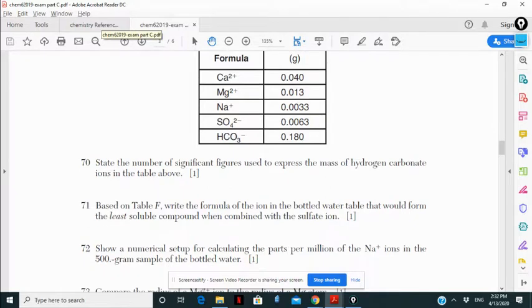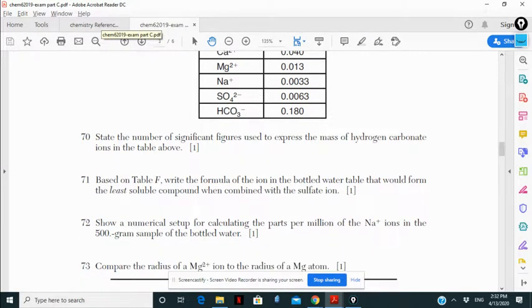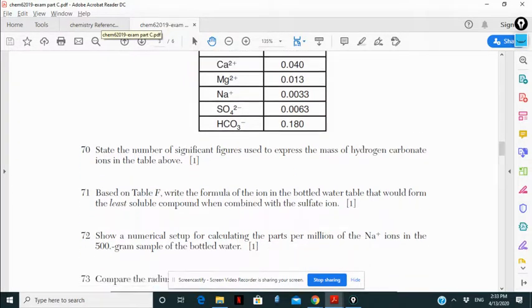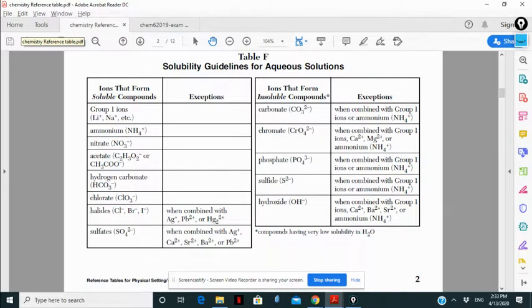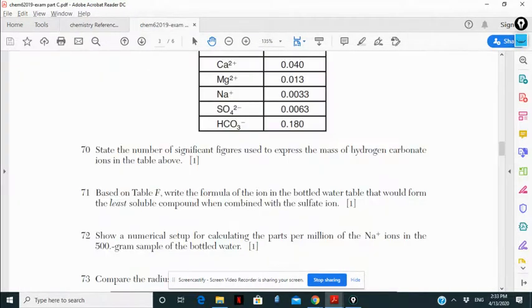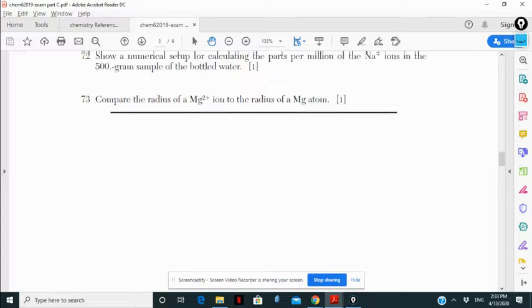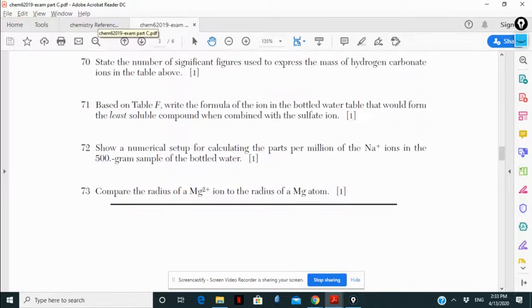Okay. So a numerical setup for calculating parts per million of sodium ions in a 50 gram sample of bottled water. So he wants the formula for parts per million. First, I have to know what's dissolved in the 50 gram sample of water. Okay.